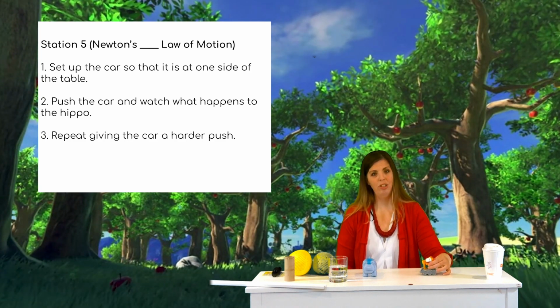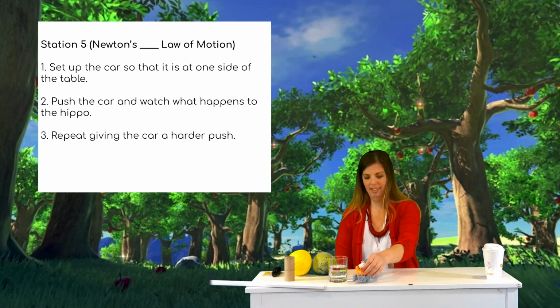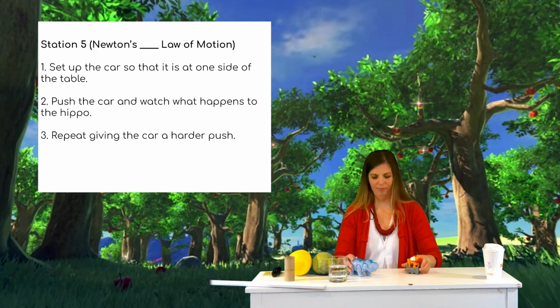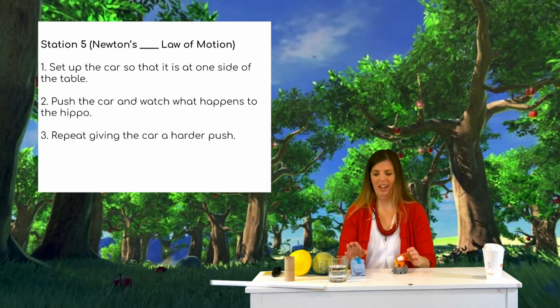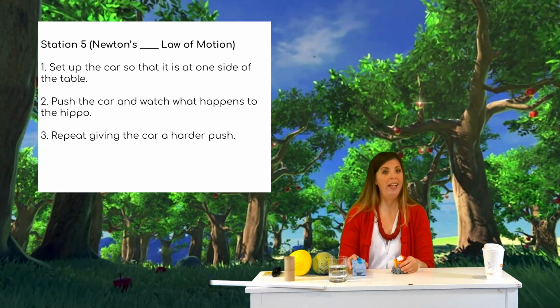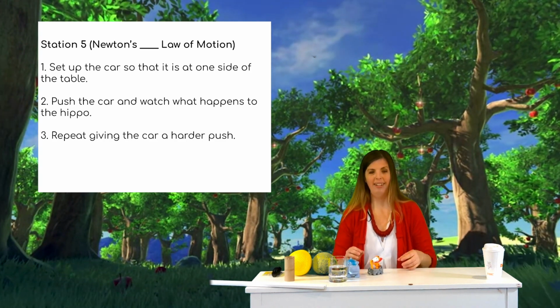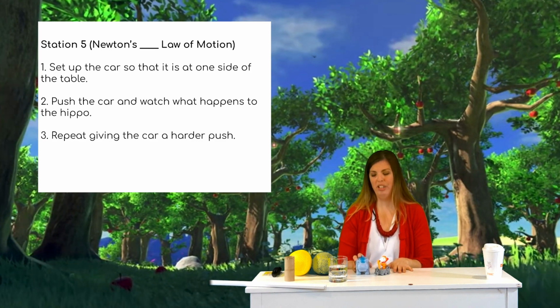Now we want to push Snoopy harder into the hippo. There we go. All right, observe what happened to Snoopy and the hippo. One more time. That was a good one. And which of the 3 laws of Newton does this apply to?